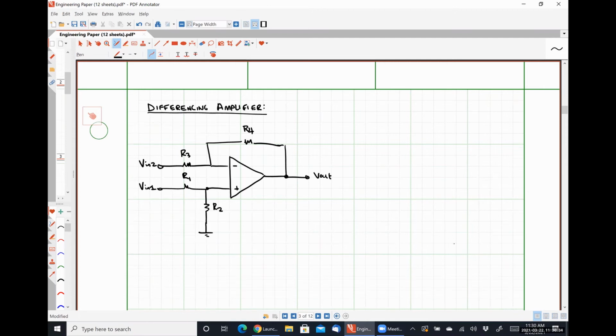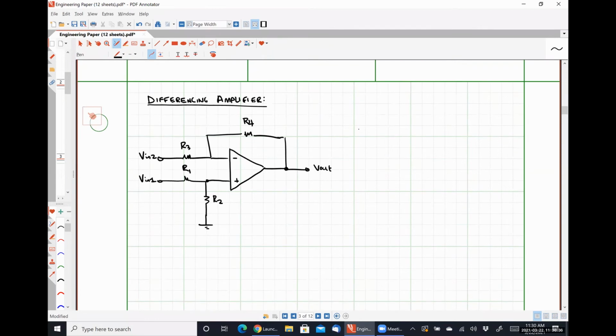So with VN1 on and VN2 off, Vout prime is going to look like what? Anybody have any thoughts? So VN2 is grounded.